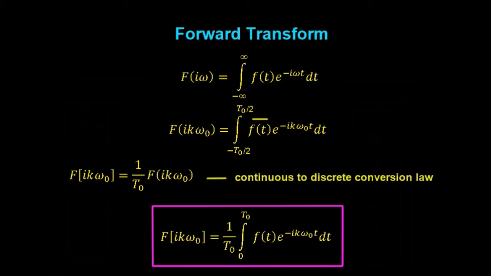You can have a look back at that video as a reminder. So we can replace this f of I k omega naught with f of I k omega naught within the square brackets, but with a factor of 1 upon t naught. This is the extra factor. So this equation is going to be our discrete frequency forward transform.